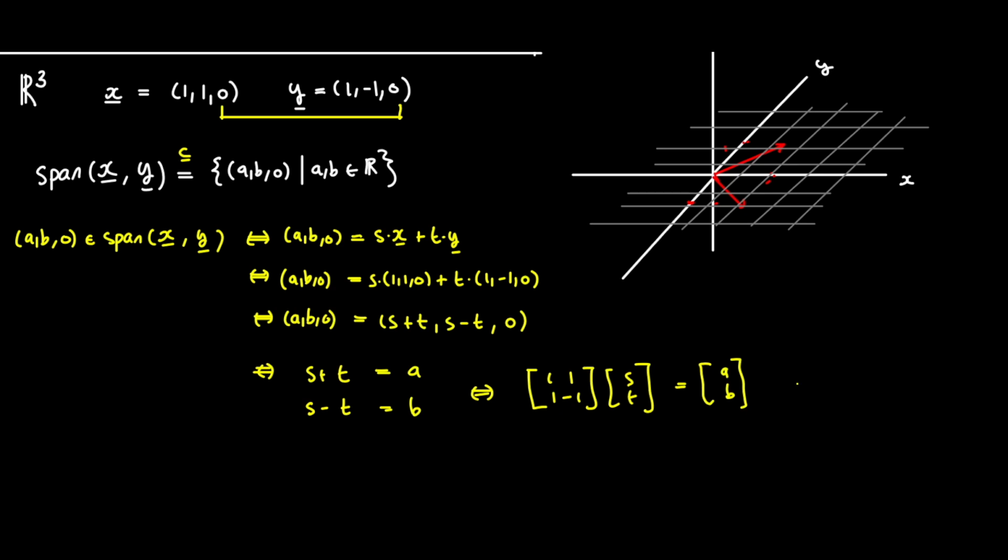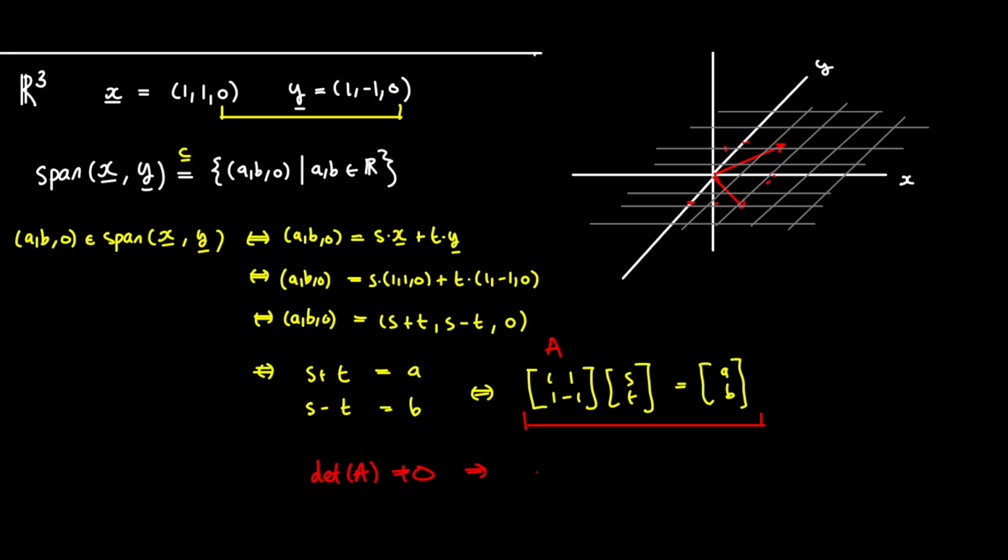And again, for the same kind of argument, what are we looking for here? We're trying to show that there is an s and there is a t which make this equation true. In other words, we can solve this equation for s and t. Can we solve this equation for s and t? That's the question. The answer is yes. Why? Because the determinant of A is not equal to 0.